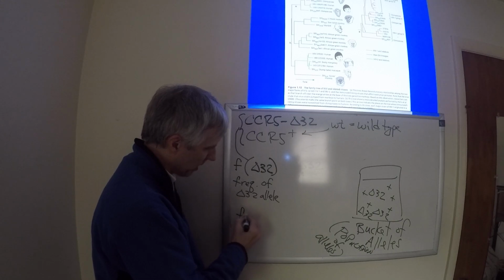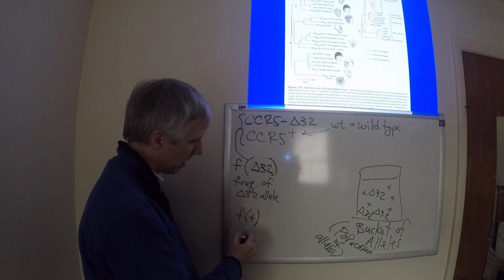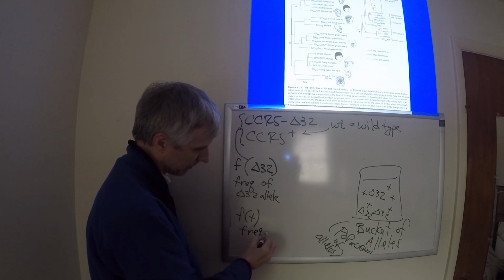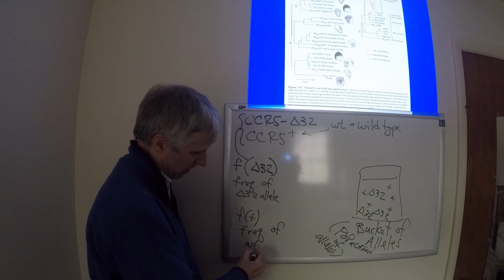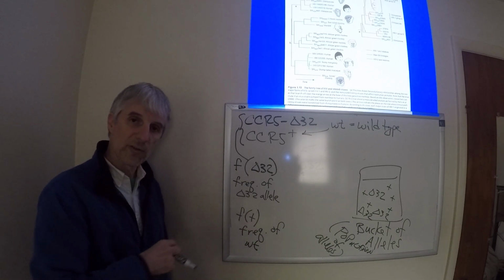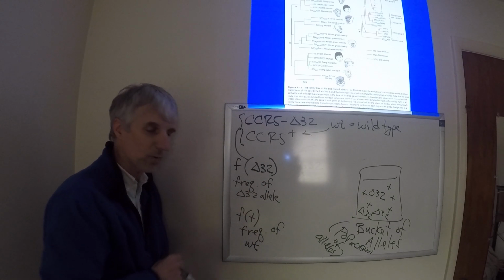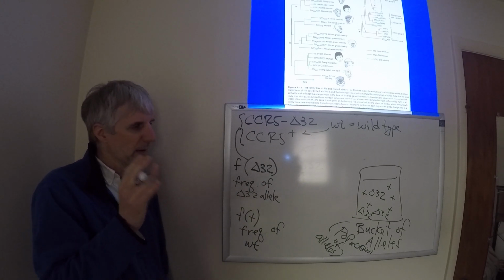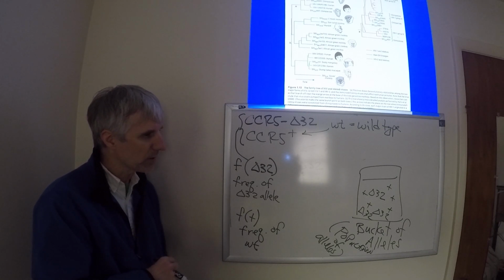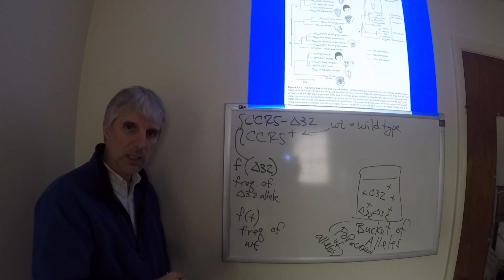I could also talk about the frequency of the wild type, and my notation would be f of plus. Okay, I have the frequency of this allele and the frequency of the wild type allele. I can figure out these frequencies with some very basic math.